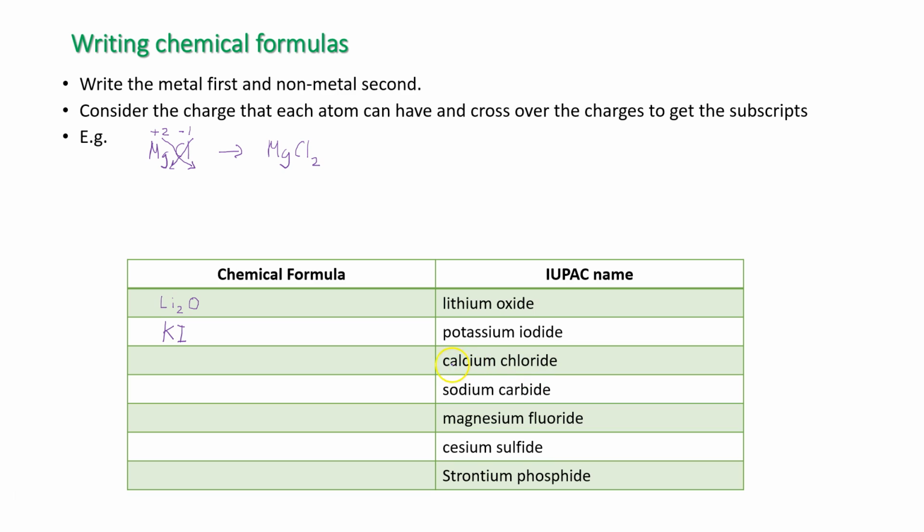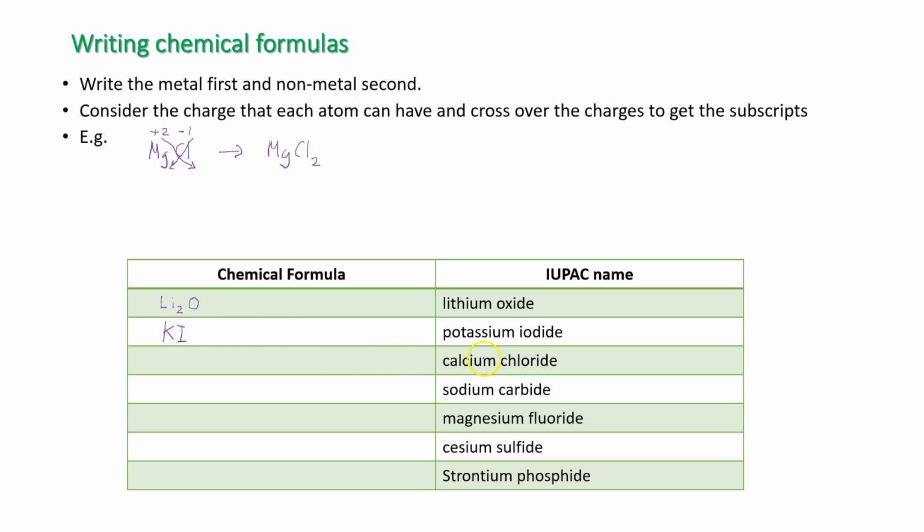Calcium chloride. Calcium has a charge of +2 because it's in the second group. Chloride has a charge of -1. It's in the same group as iodide, so it has a charge of -1.